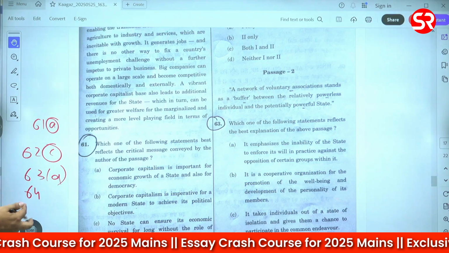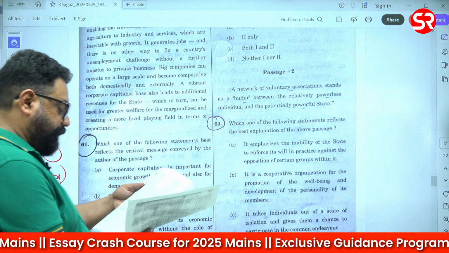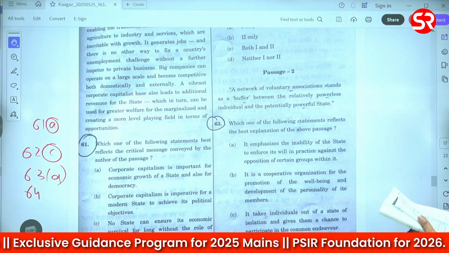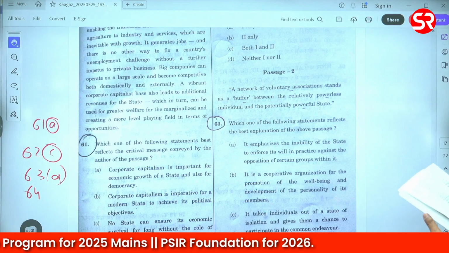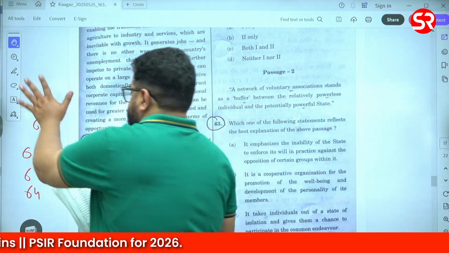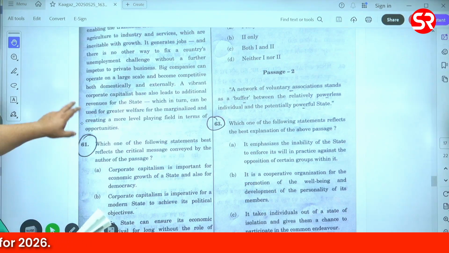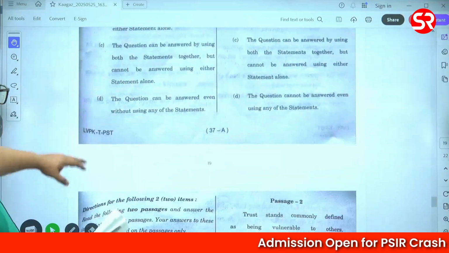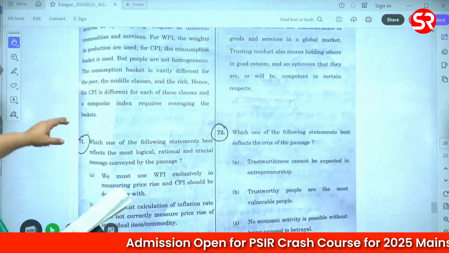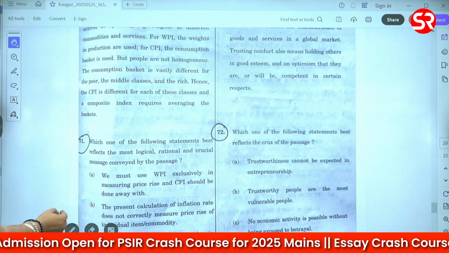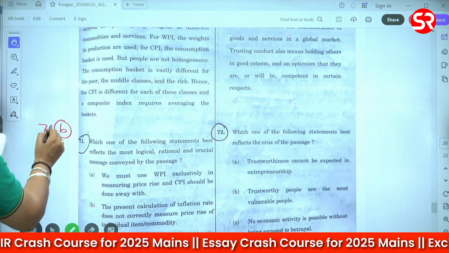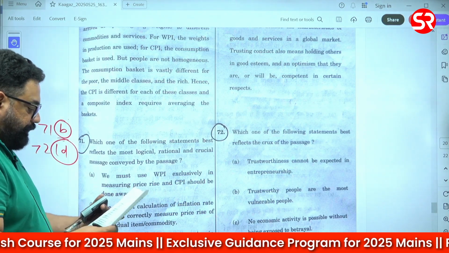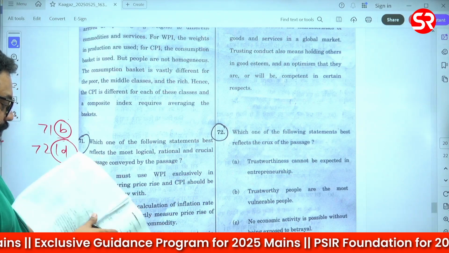The 64 we have done it here. 4 is an aptitude, right? Yes, 71 and 72 have to do. 71 is B, and 72 is D. 71 is B, 72 is D, and that is how you finish off your RC, guys.